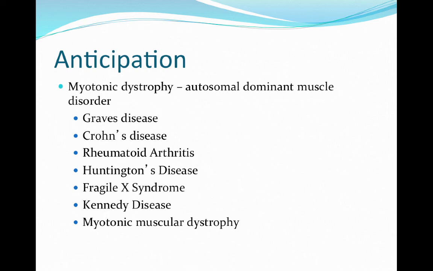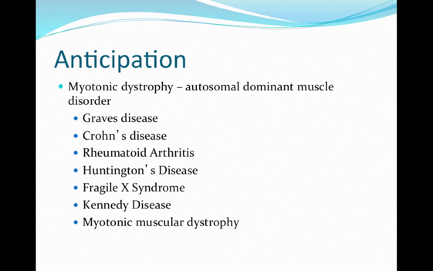And finally, anticipation is one of the last conditions or deviations that we're going to talk about. An example of anticipation is myotonic dystrophy, and this is where you have some sort of condition like MD or Graves or Crohn's disease that actually gets worse with each generation.